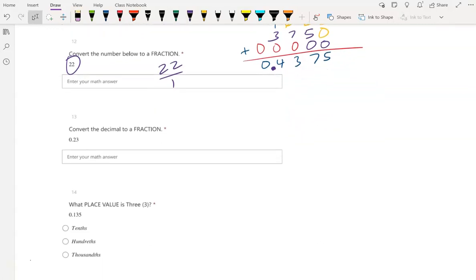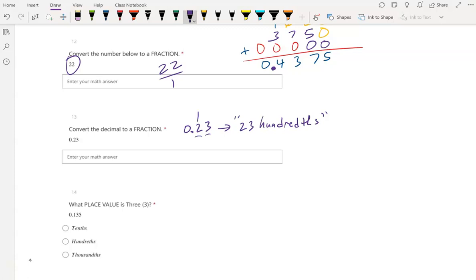All right. Let's look at this next question, question number 13. We are converting this decimal to a fraction. Now, this is 0.23. The way you convert a decimal to a fraction, it's kind of all about how you say it. You would say this is 23 hundredths. The reason that it's 23 hundredths is because there are 2 places after the decimal.